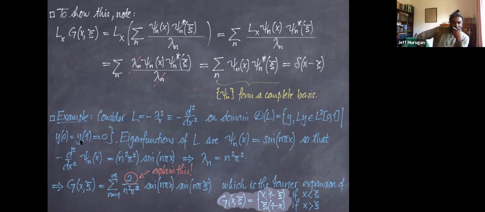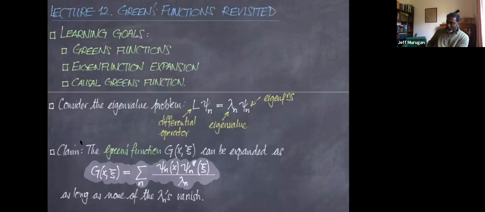And so the question that one would necessarily ask, because I had put this caveat in the previous slide, is that this expansion holds whenever none of the lambdas vanish. So what happens if one or more of the eigenvalues are 0? Well, in this case, we simply define a modified Green's function by dropping the 0 modes in the expansion.